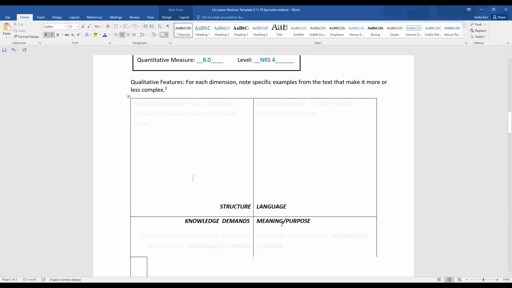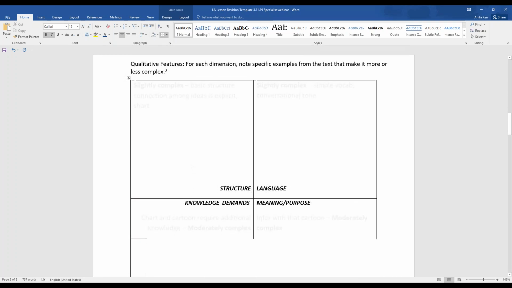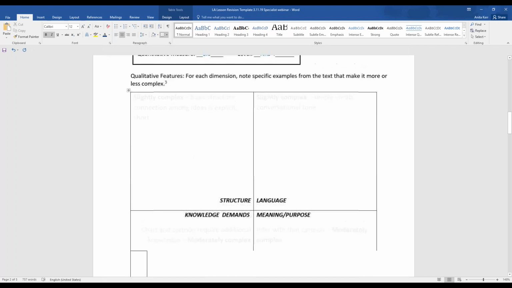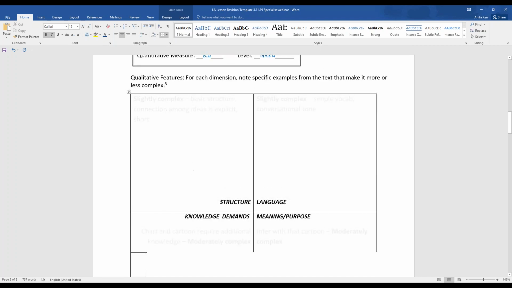Remember, that's the approach. Where are my students going to get hung up? So as you look just at the text now, not the cartoon right now and not the graph, but specifically the text, is there any of these 4 categories where you think students are going to find it more complex? I'll give you a second to think about that. Which of those categories do you think students will find complexity in this article?